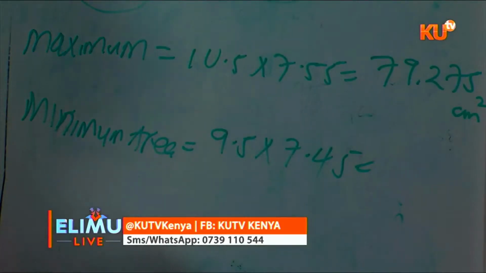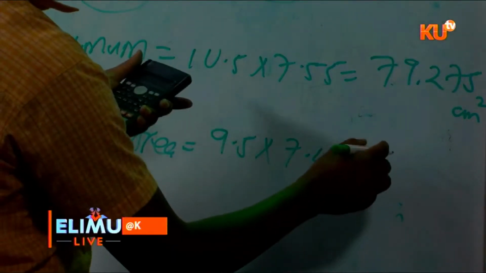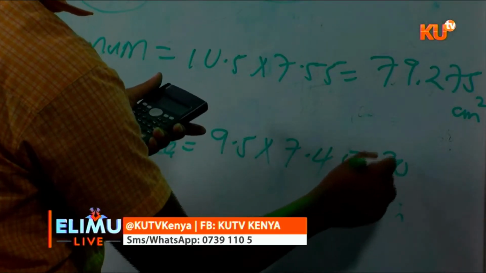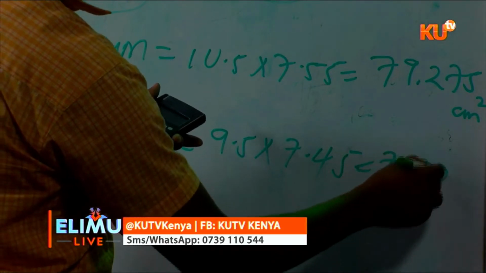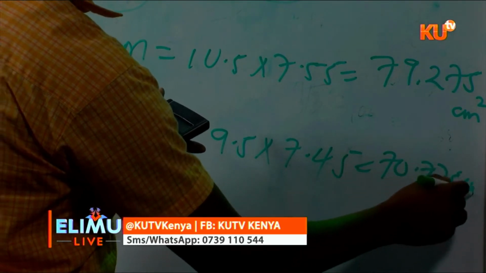You take your calculator there and multiply. You get 70.775 centimeters squared.